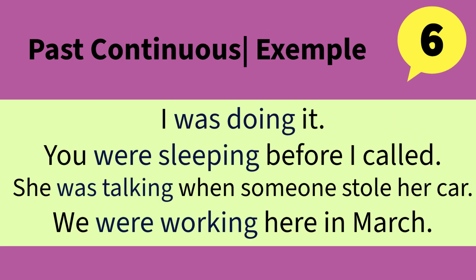Let's take a look at some examples. I was doing it. You were sleeping before I called. She was talking when someone stole her car. We were working here in March.